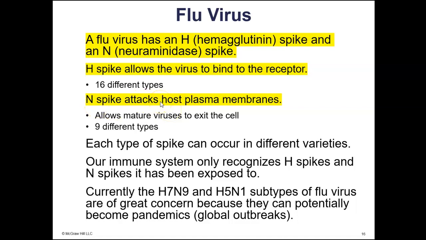the host cell's plasma membrane, so that the plasma membrane will engulf the flu virus and begin making new flu viruses. There are 16 different types of H spikes and 9 different types of N spikes, which causes the different varieties of the flu.